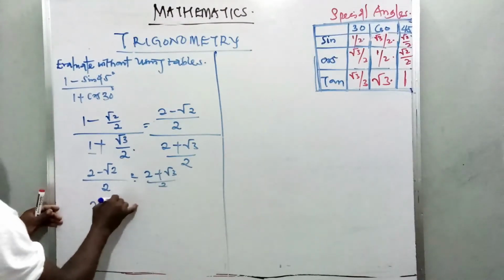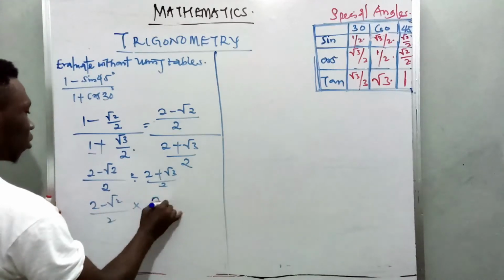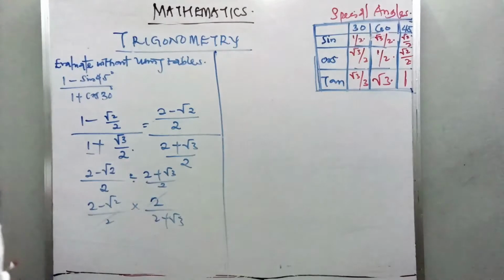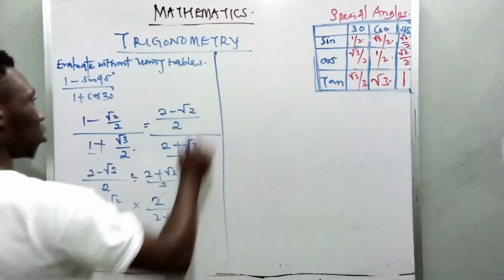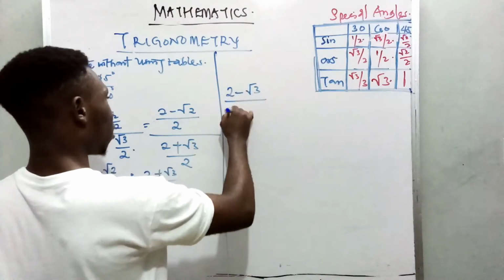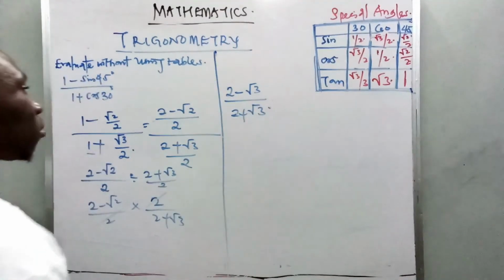That's 2 minus root 2 over 2 times 2 over 2 plus root 3. Here 2 cancels 2. So this becomes 2 minus root 2 over 2 plus root 3.